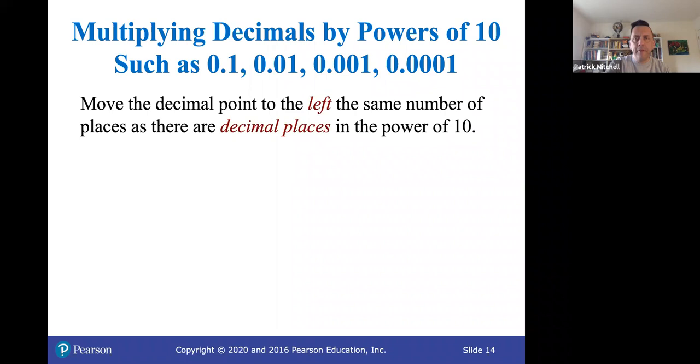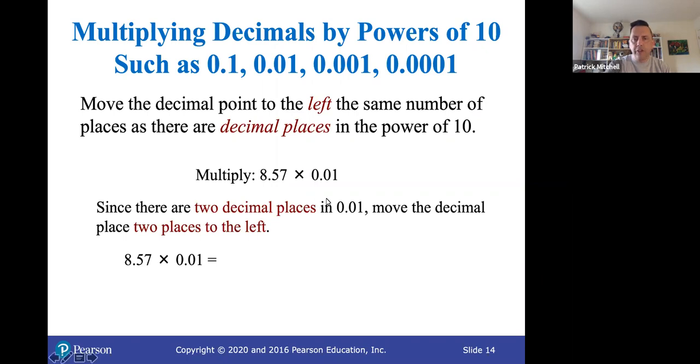All right, and then for multiplying by the small powers of 10, remember it's the number of decimal places that determines how far you move the decimal point. 8 and 57 hundredths times 1/100th. 1/100th has 2 decimal places, so this decimal point is going to go 2 places to the left.